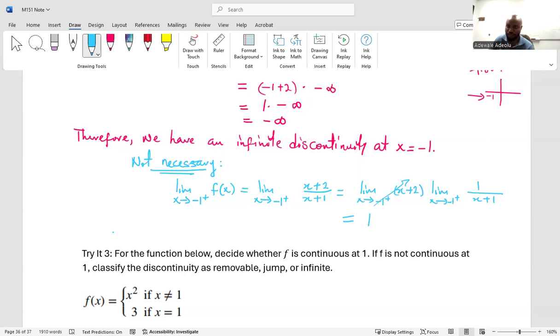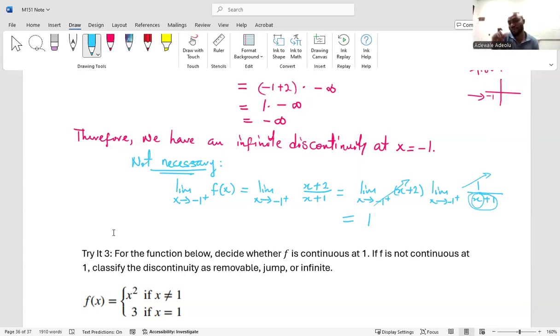And this part now, I'm coming to -1 from above, which means any value I'm picking will make this whole guy positive, however a very small number.